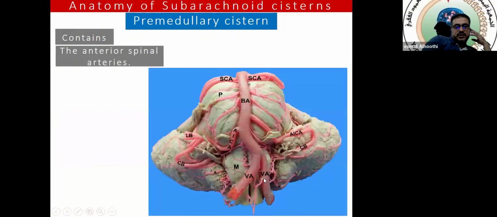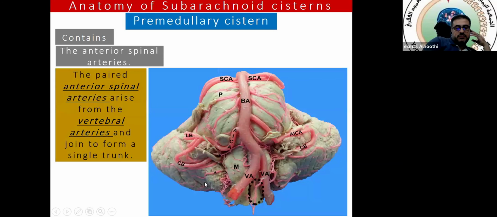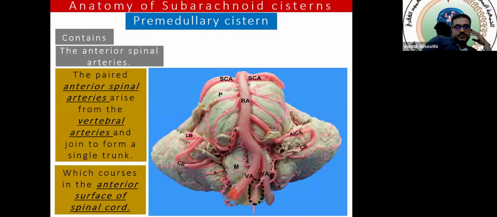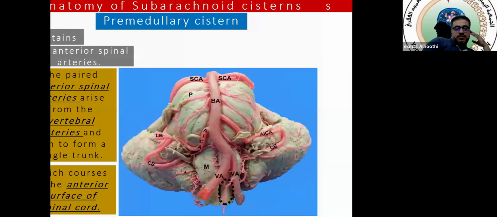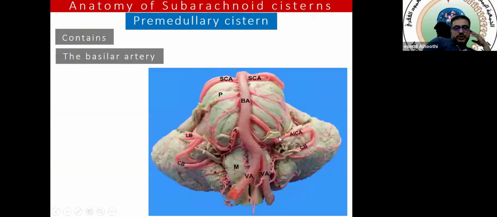The anterior spinal artery originates from both vertebral arteries, which communicate with each other to form the anterior spinal artery. Also, it contains the origin of the basilar artery.